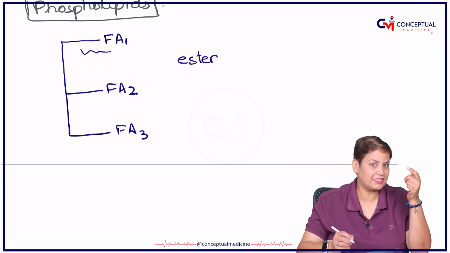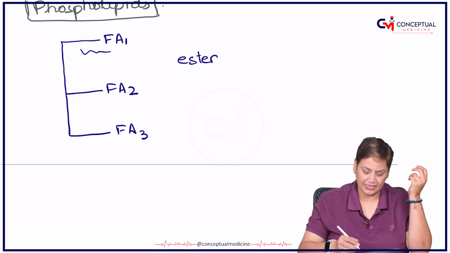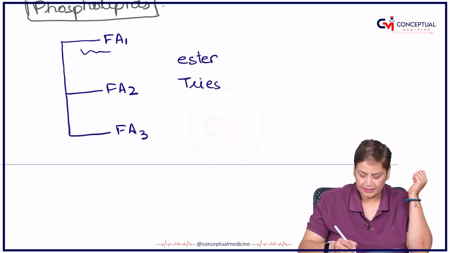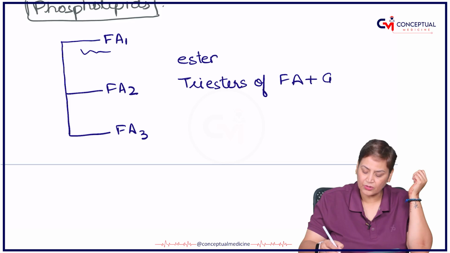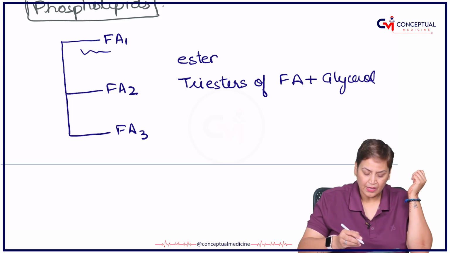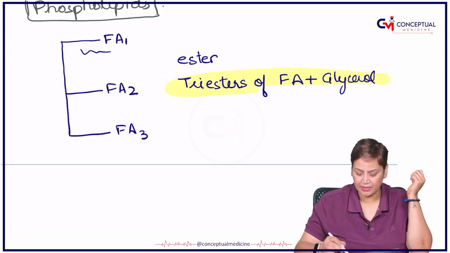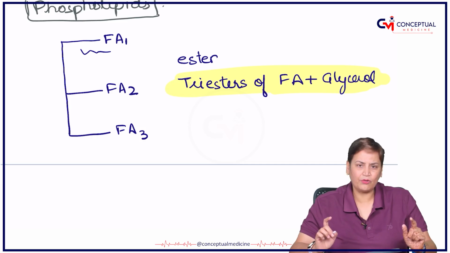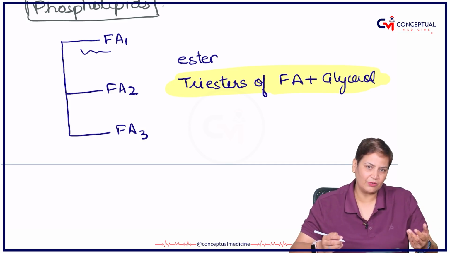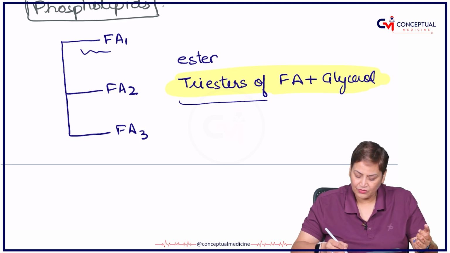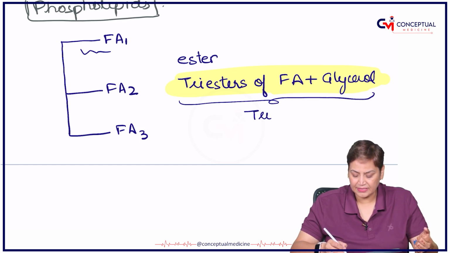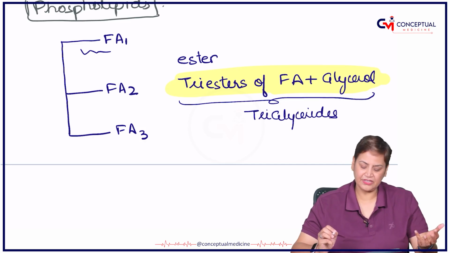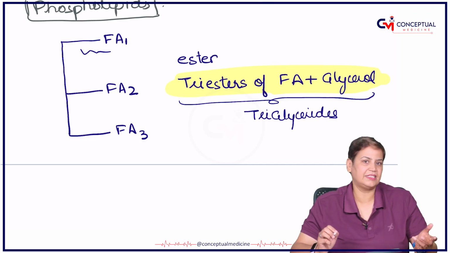That is why we always say that a lipid or a triglyceride is a triester of fatty acid and glycerol. You have to just memorize this by heart. What is a fat? Fat is a triester of fatty acid and glycerol, and in clinical language, we call them triglycerides.